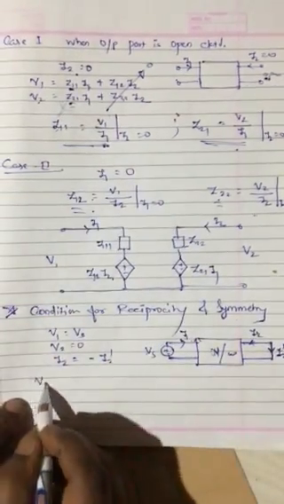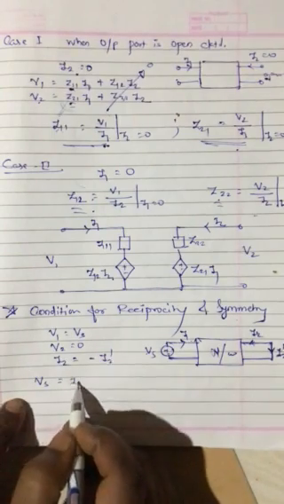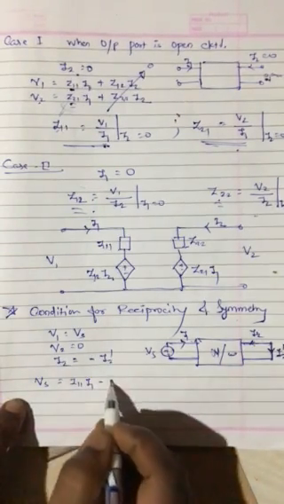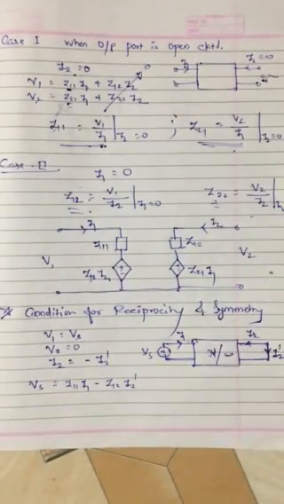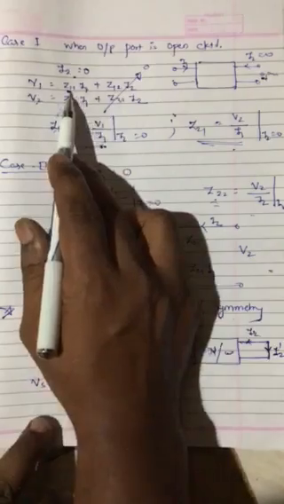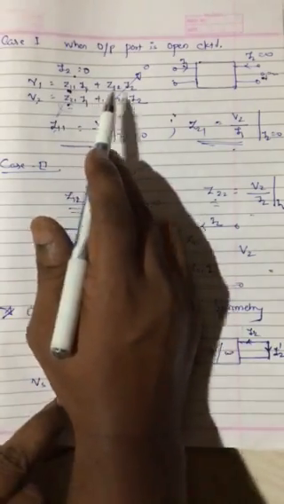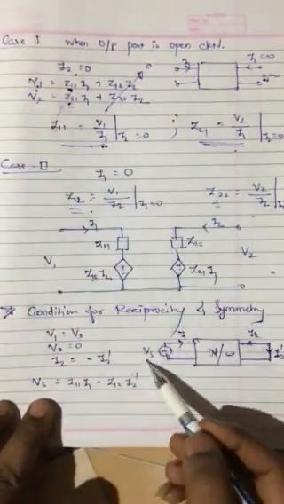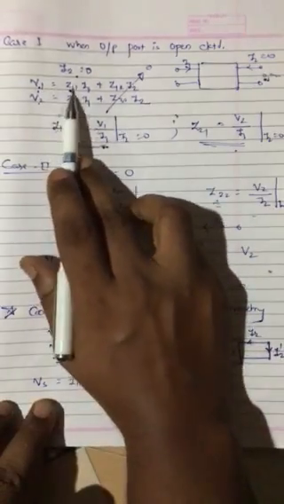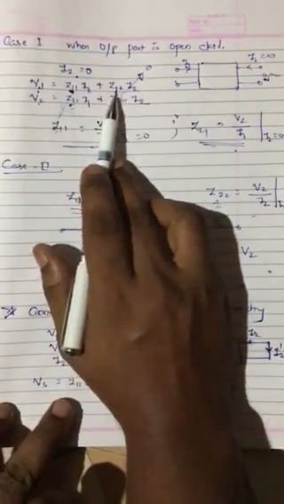Now the equation is Vs equal to Z11 I1 plus Z12 I2.